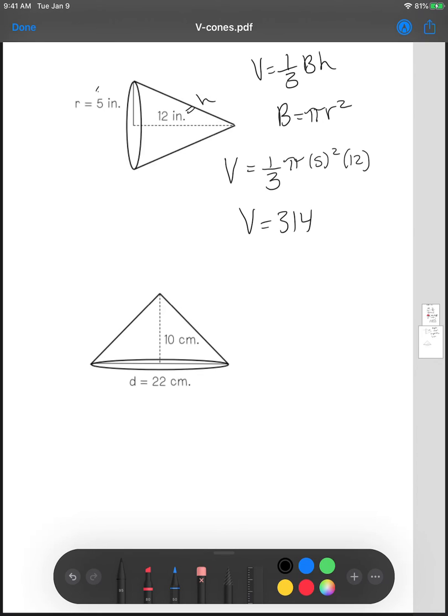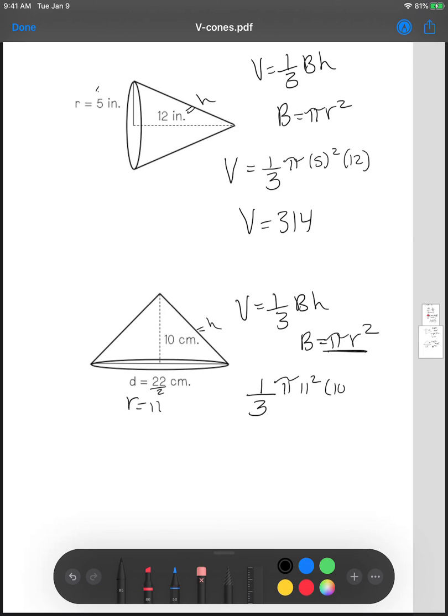All right, I'm going to get the formula right this time. 1/3 area of the base times the height. And remember, base is pi r squared. All right, they gave us the diameter this time, so our radius, if we divide this by 2, is going to be 11. 10 is our height, so we're going to do 1/3 area of the base, so pi r, which is 11, squared, and then times the height, which is 10.